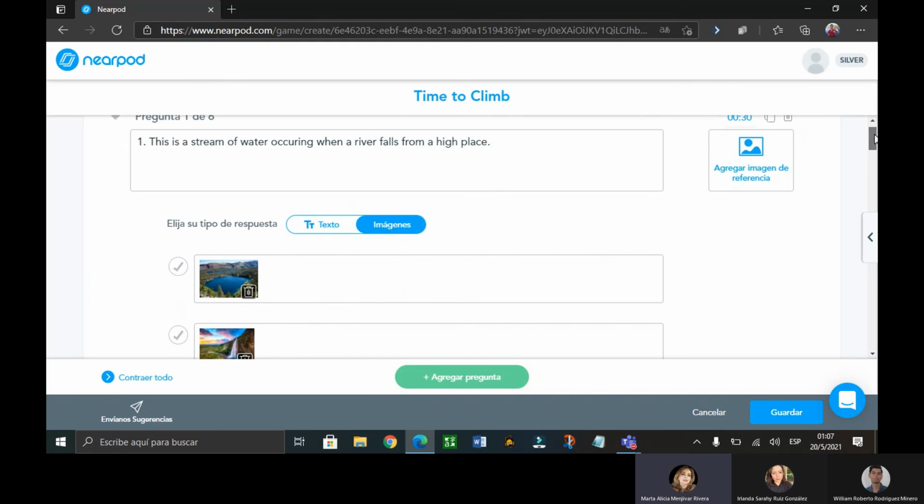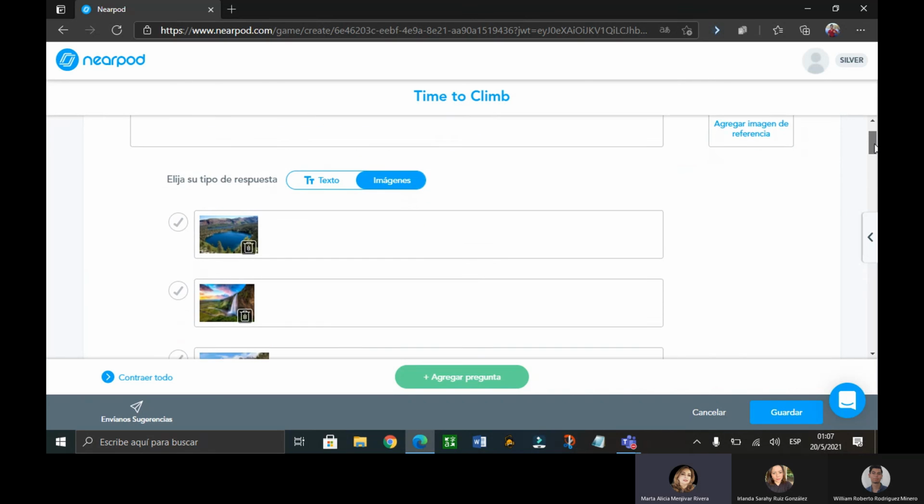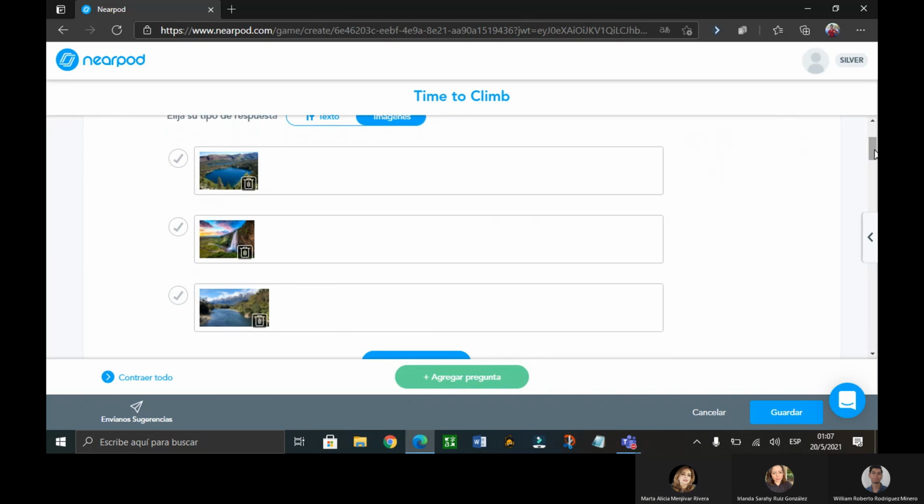Okay. The first question is, this is a stream of water occurring when a river falls from a high place. What do you think? Which image is the best? The second one, the waterfall. Exactly, a waterfall.